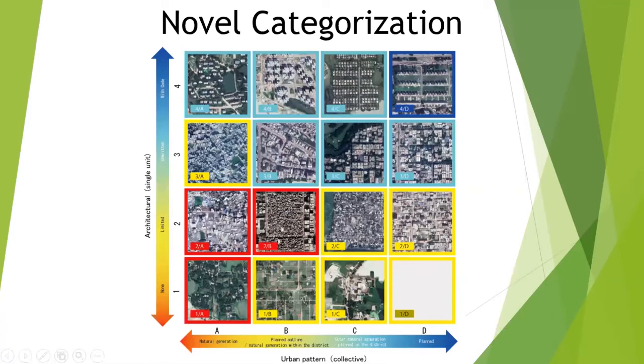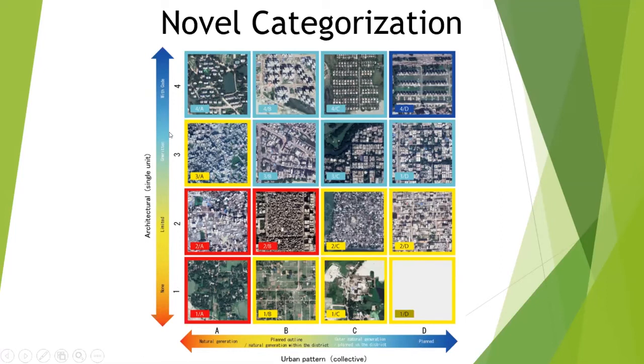If we look at it in a clear view, these are the 16 categories that we make for the developing area. Here is the natural generation, then planned outside outline. In this area, the roads outside are planned, but inside not that kind of planned road. Here, outside is not planned, but inside the roads are planned, and the last one is the fully planned road way.